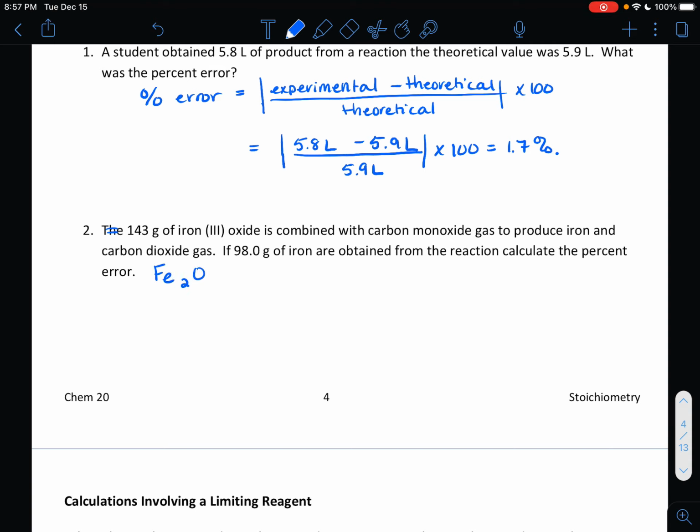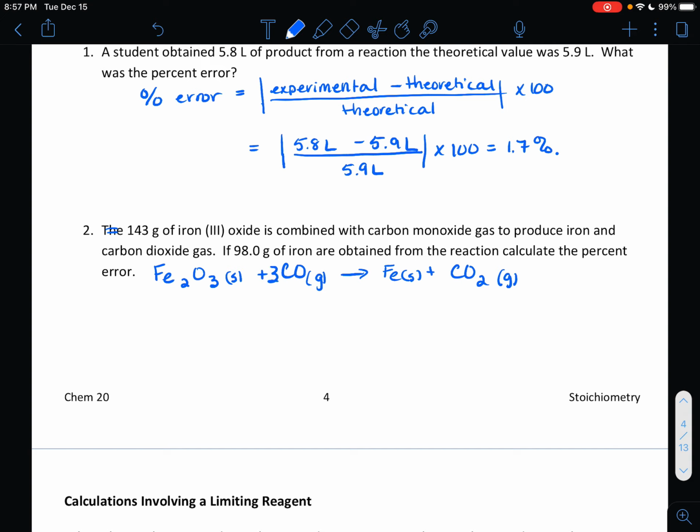So Fe2O3 is combined with carbon monoxide, and it produces iron and carbon dioxide gas. I need to balance this out.